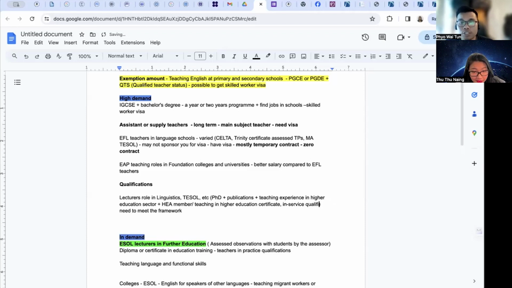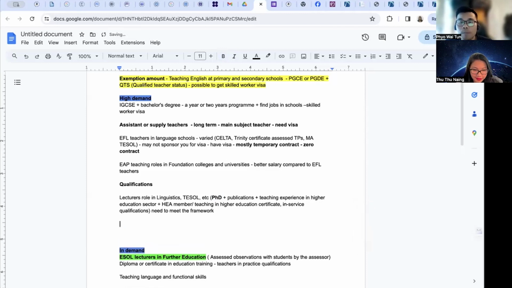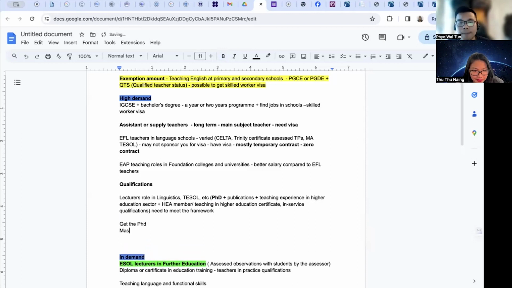But for us, the possible option would be first to get a PhD. And while we are trying to get a PhD, or maybe before, if we have a master's, we can try to write academic articles and get teaching experience in some Asian countries, for example Thailand or Vietnam, in the higher education sector.